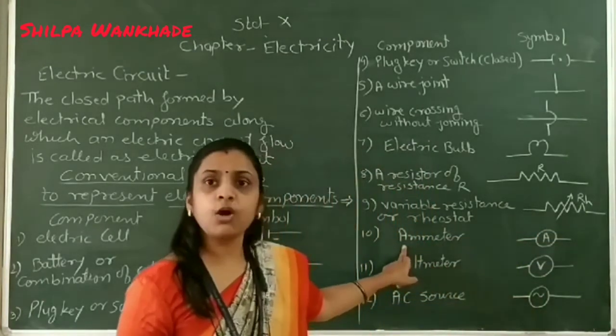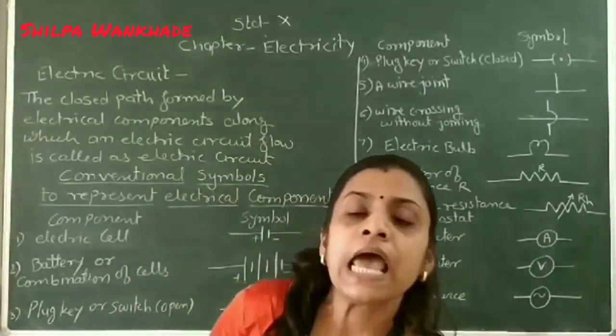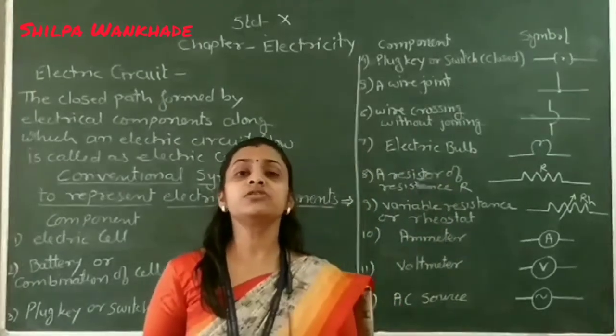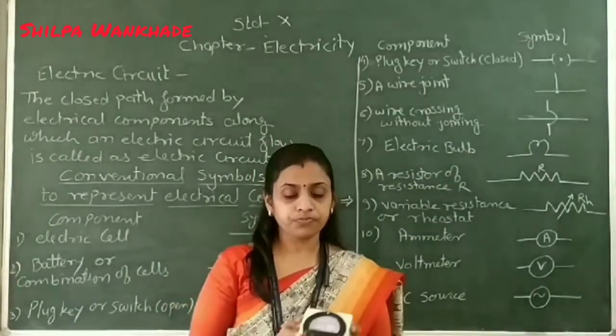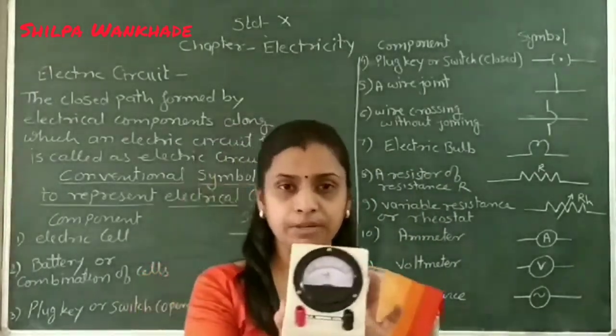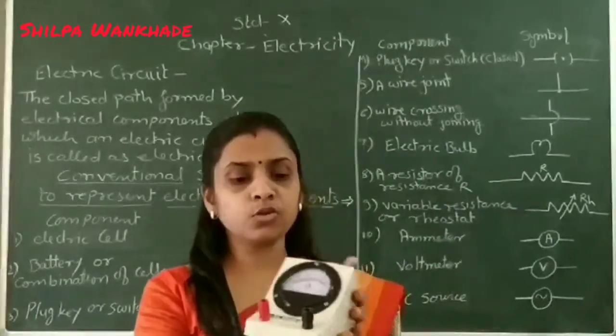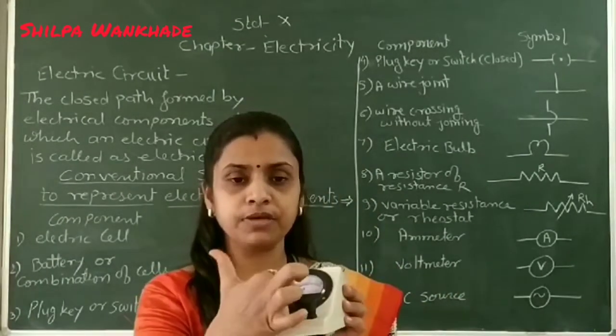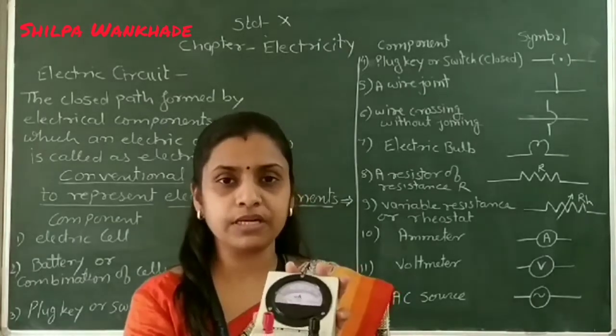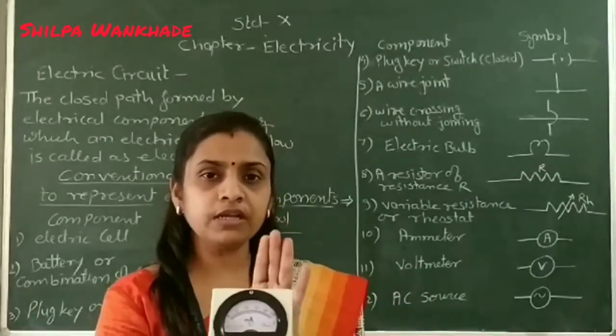Then the ammeter. Previously we have seen the ammeter. An ammeter is the instrument which is used to measure the electric current. Now this is a milliammeter, but it is also called an ammeter. Since it measures the current in milliampere, it is called a milliammeter.